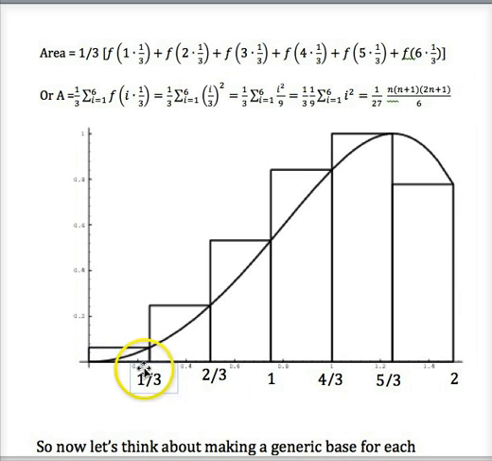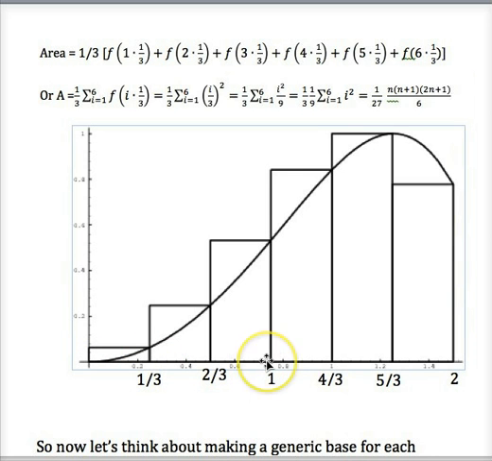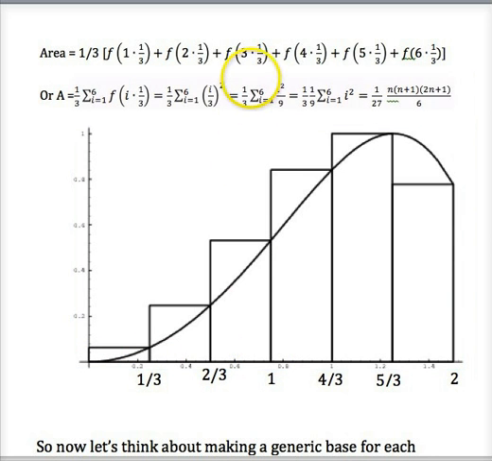So on the graph, 1, 2, 3 1/3 to get the height of the third rectangle. And then I finished off with the last 3 rectangles. I wrote it this way so that you can see that every single height has a 1/3 value that gets stuck into the function. And then I have a sequence, 1, 2, 3, 4, 5, 6.